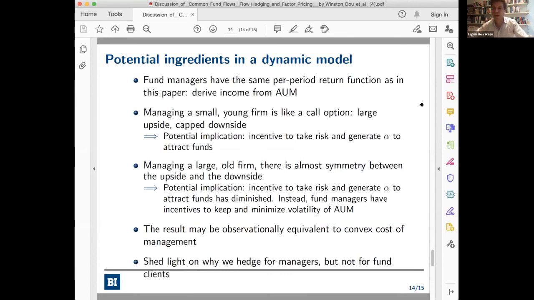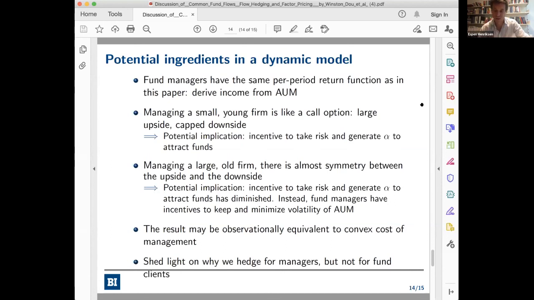So you will behave as if your cost of management is much larger than what it actually is, whereas you will then do the opposite when you're small. Something like this could also shed light on why we hedge for managers, but not for fund clients, which I'm genuinely puzzled about. More in general, not for this paper.